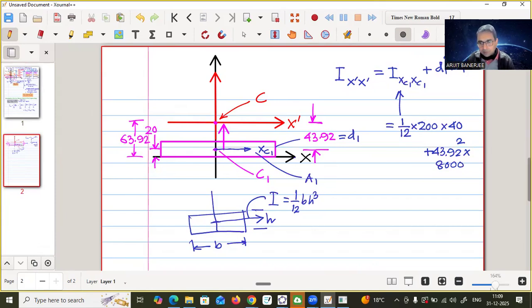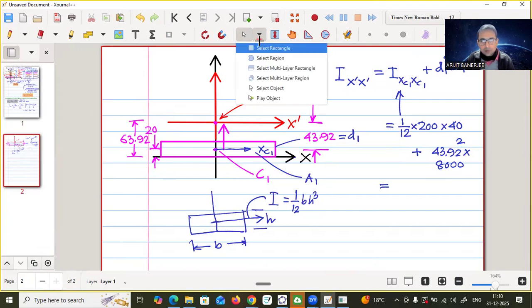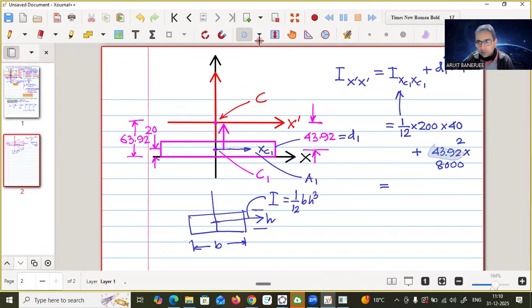So total is how much? How much is it coming?